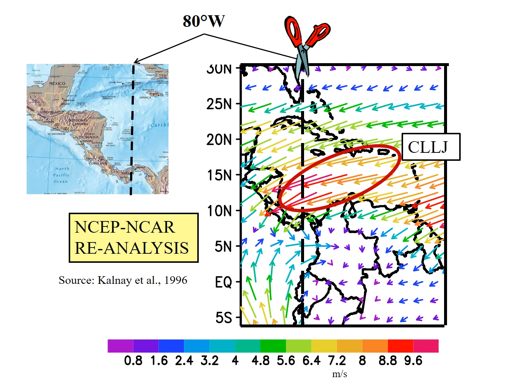This figure here is from what's called the reanalysis. It's the run of some computer models of global climate based upon historic data. The arrows on the right indicate the direction and the strength of the winds that are blowing. So I've circled in red this zone that we talked about, which we're calling the Caribbean low-level jet.